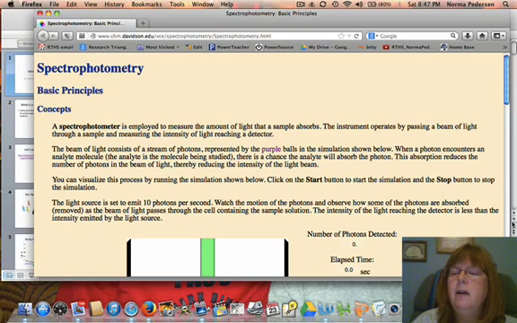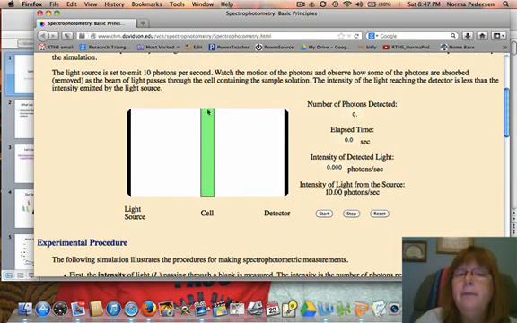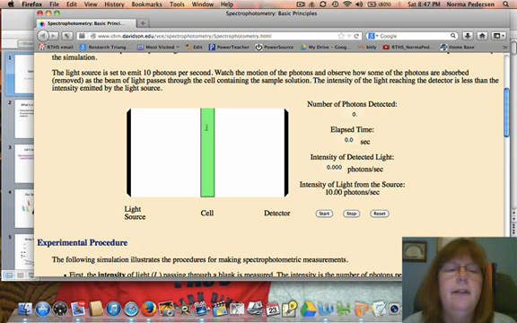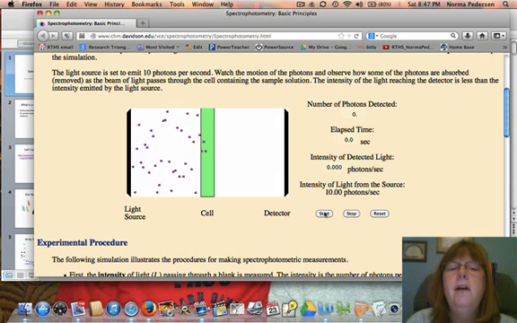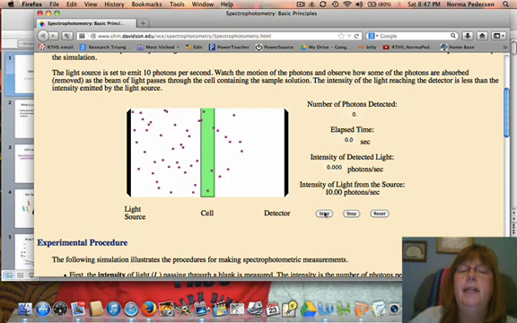Okay, so here we go. This is going to be our sample, and it is green in color. And here's our light source, and over on the right-hand side is our detector. So we're going to see these little purple dots coming from our light source. Those are photons of light, and they're about to hit our sample. There they go. They're hitting the sample, and then they're coming through the sample and heading to the detector.